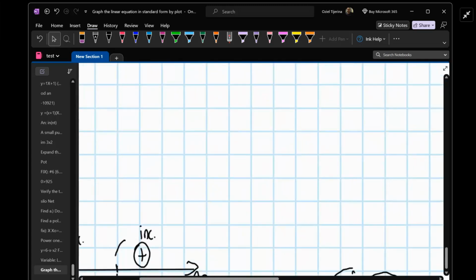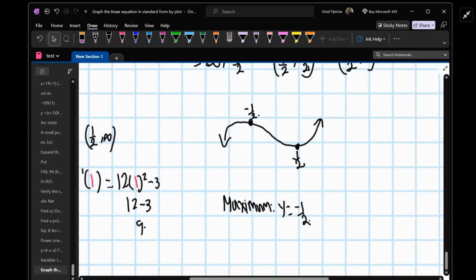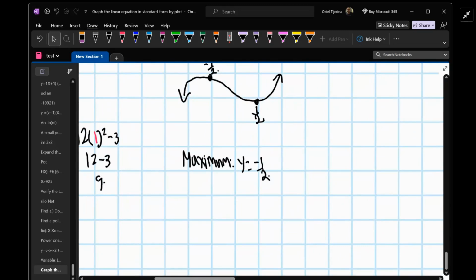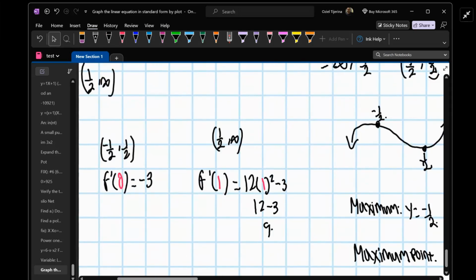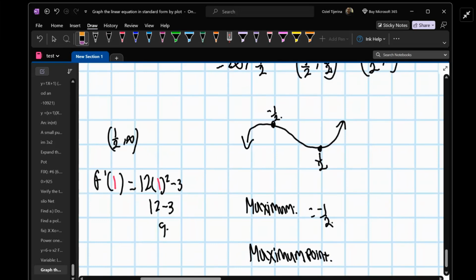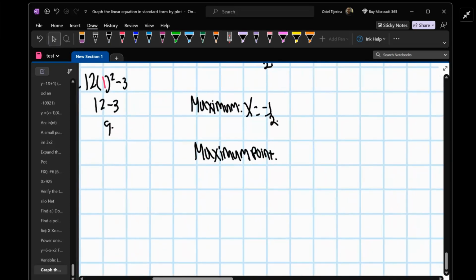So we have a maximum at, I'm sorry, this should be x equals -1/2, excuse me, not y. At -1/2, comma 1.